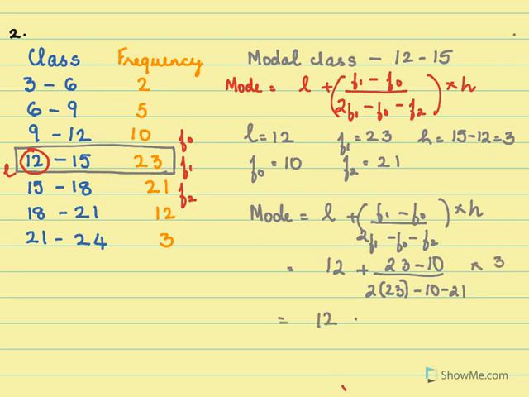So this is 12 plus 13 over 15 into 3. So this is 12 plus 13 over 5, which works out as 14.6. So the mode is 14.6.